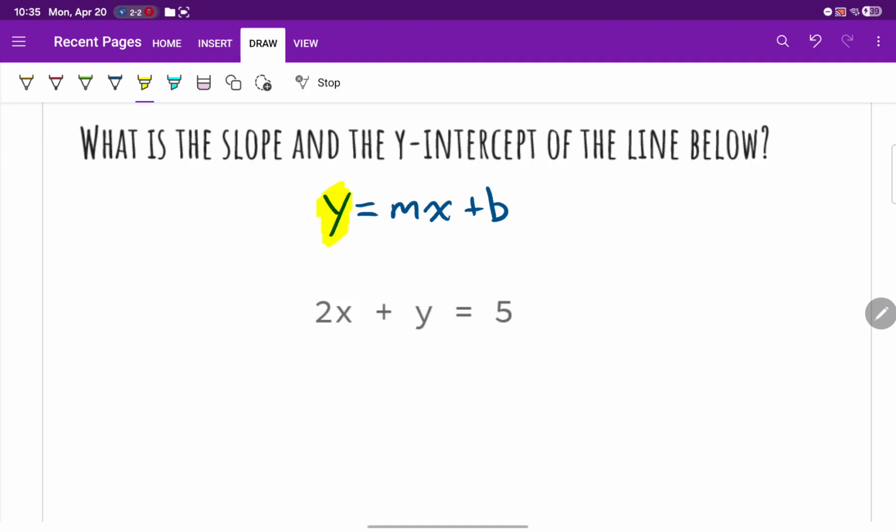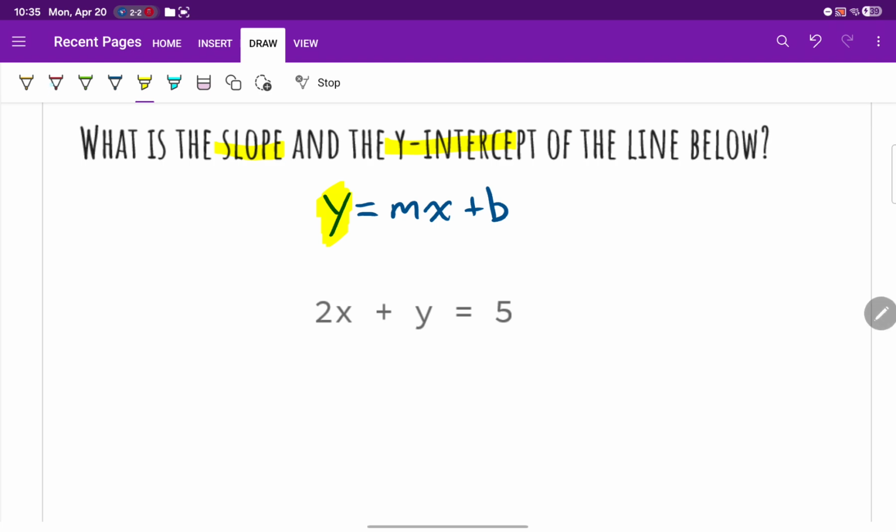So in this equation, if I want to determine the slope and the y-intercept, I need to get y by itself. We need to think back to our algebra unit, and rearrange this equation and isolate, or get, y by itself.